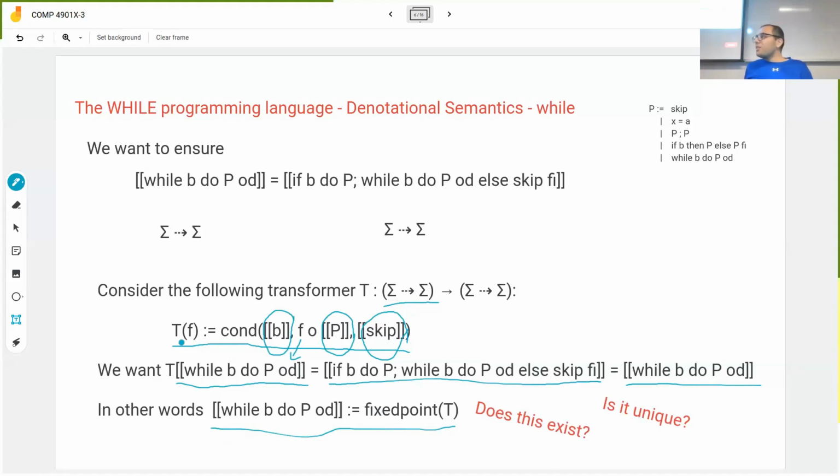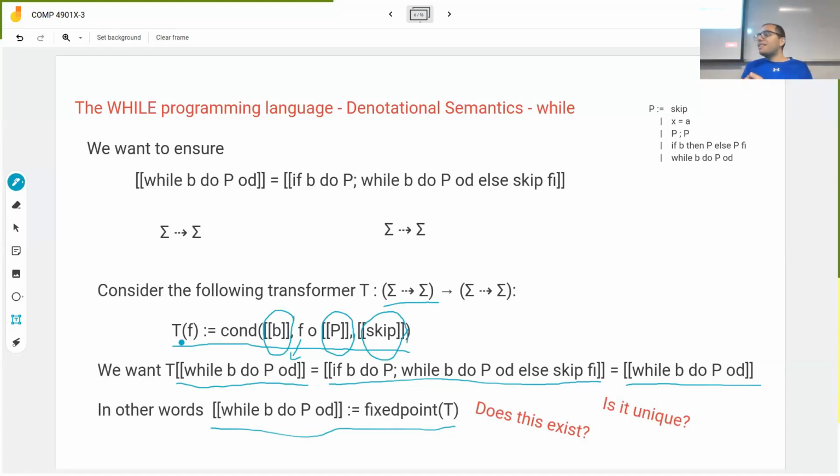It doesn't matter how we compute it because we just want to give a mathematical definition. As long as it makes mathematical sense, I'm happy with it. I don't care how to compute it. I'm just assigning meanings to programs. And as long as I can say that this program has a well-defined meaning, even if I cannot compute that meaning, I can reason about it.